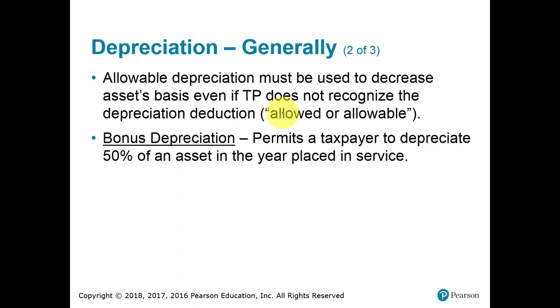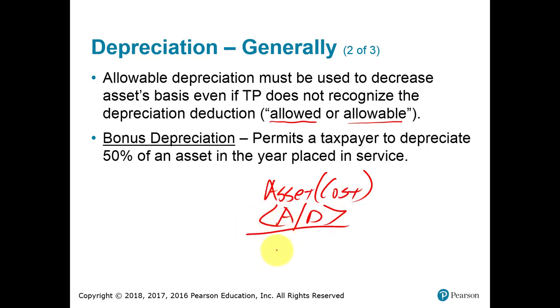Okay, so know the difference between these two words here. Allowed means the deduction that was actually claimed on the tax return. Allowable means what you could have claimed but probably didn't. We know that the cost of an asset, here's the cost, minusing out the accumulated depreciation equals something called book value, or in tax terminology, it's called adjusted basis.